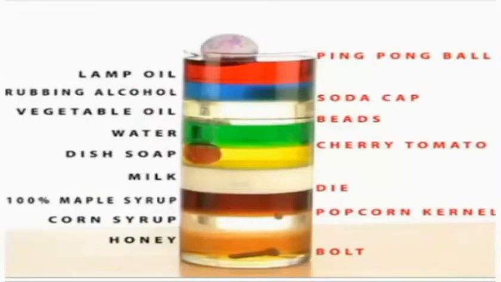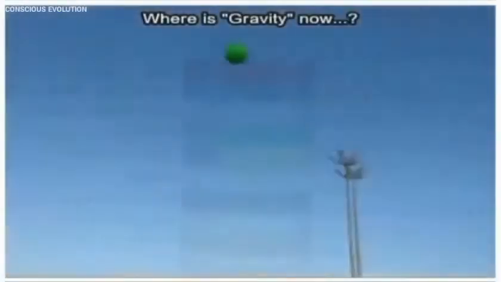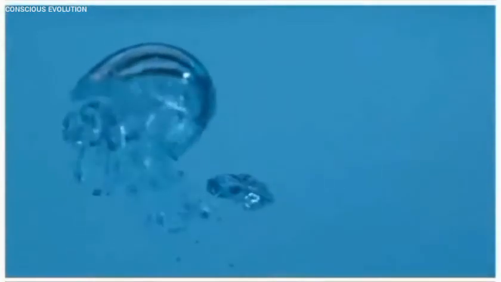Apples fall because they are denser than the air, while helium balloons rise because they are lighter. No gravity necessary. This is why raindrops fall down through the air and air bubbles rise up through water. Everything seeks its relative density and rises or falls until settling accordingly.